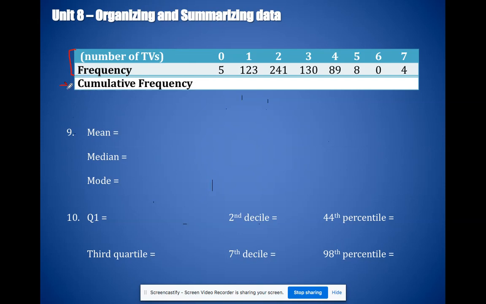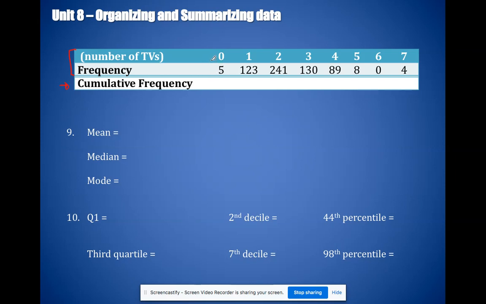I added the cumulative frequency because this time they're talking about 600 students, and they grouped them. They grouped this instead of recording everybody, how many people had 0 TVs and giving it 5 dashes. They just listed the number 5.